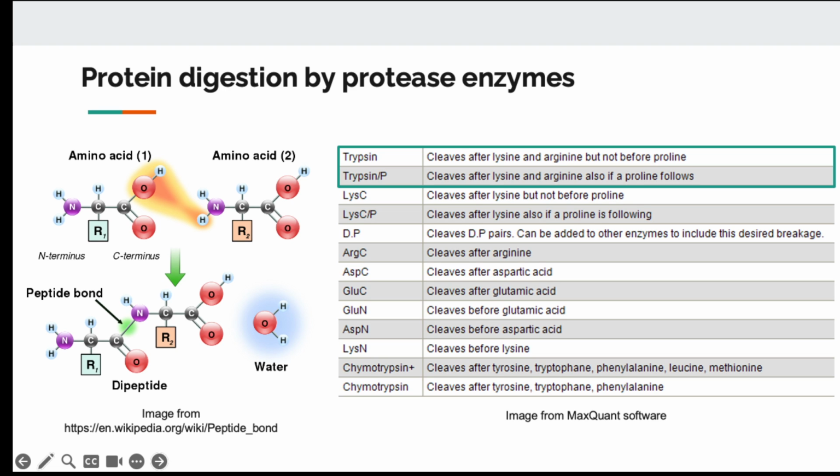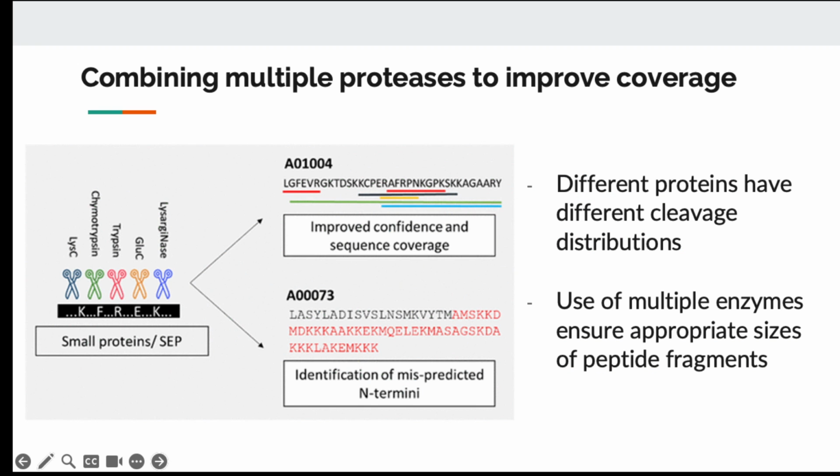So if your protein doesn't have arginine or lysine, some proteins might not have those amino acids, trypsin is not going to be effective. It's not going to cut anything. So some people suggest that you should look at the protein first and see if your protein has the cleavage site for the enzyme. And you can pick the enzyme accordingly.